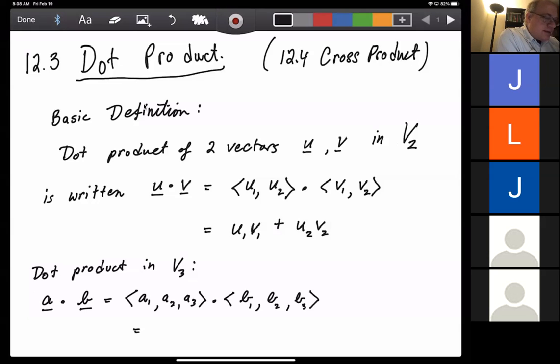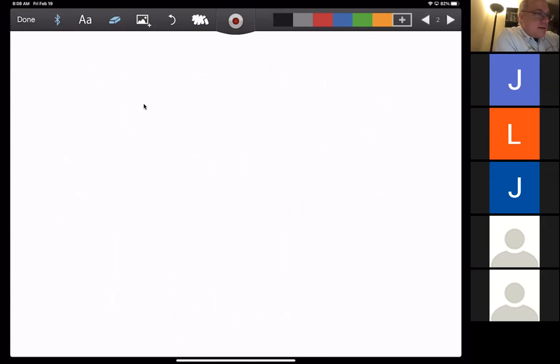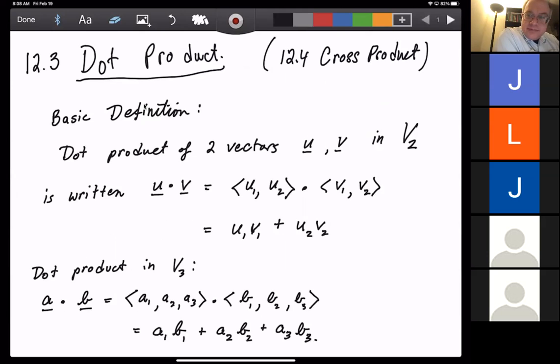We just add together the products of the corresponding components: a1 b1 plus a2 b2 plus a3 b3. That's about as much as I can fit on this screen. Does everyone have what they need from here before we move on? Good.